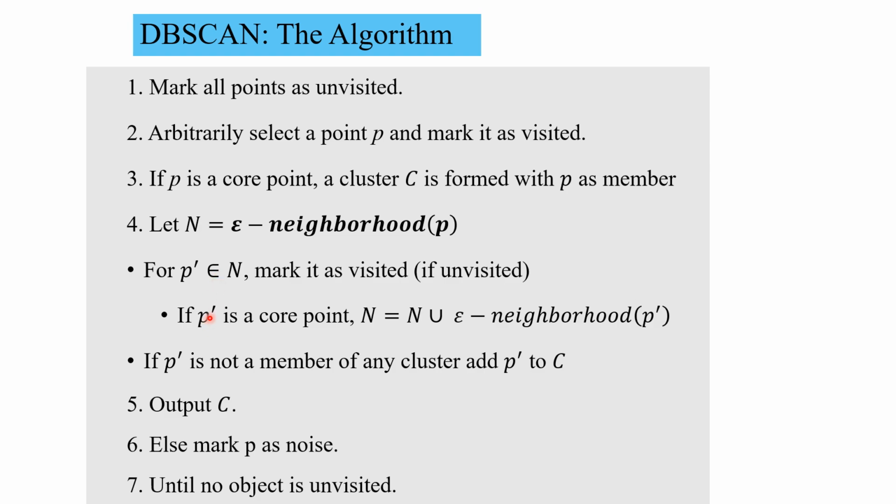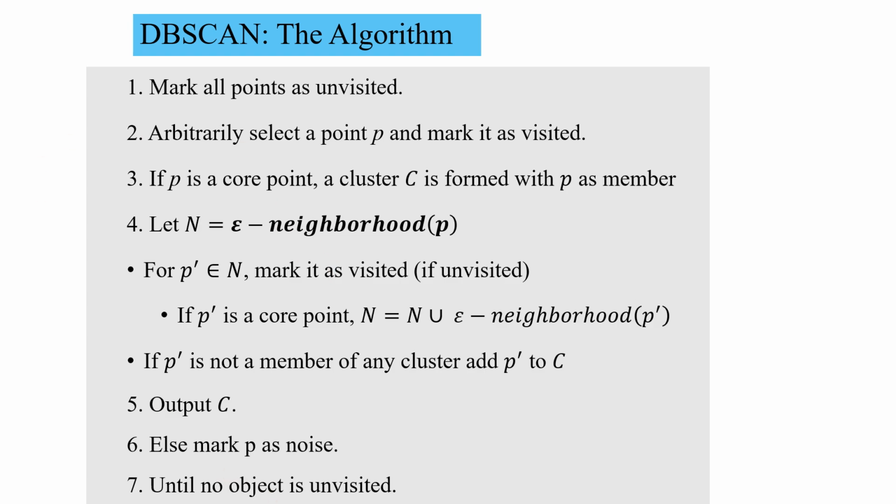For the points in the neighborhood, we go on marking them as visited, and if they are core, we include their neighborhoods into our N. And if P dash is not a member of a cluster, we add it to this cluster C. And having finished with this N, this iteration of the step 4, we output the cluster and we go back because all points have not been marked as visited, and we select a point and go forward. In the case P is not a core point, we mark it as noise.